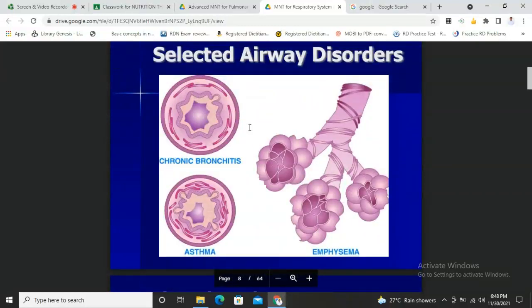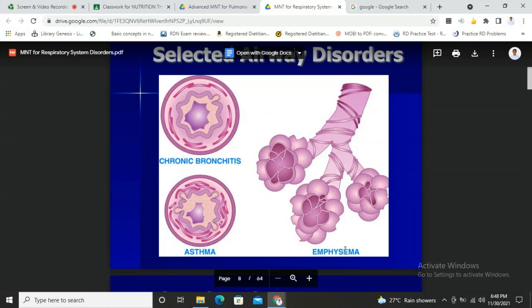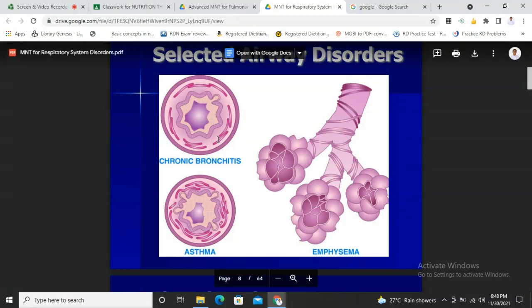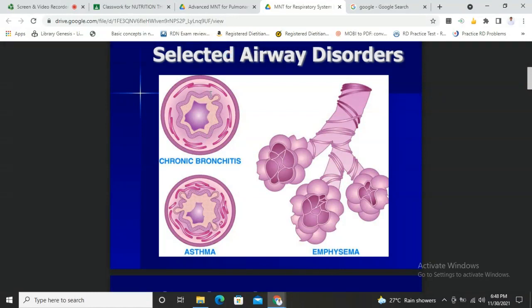Okay, so this is what happens if someone has chronic bronchitis, asthma, or emphysema. Okay, in chronic bronchitis, as you can see, gamay na lang kaayo ang lumen, then naay inflammation nga gakahitabo kay baga siya, no? Okay, so if you can just imagine, maglisod ang kaginhawa ani, kay hapuon ka.